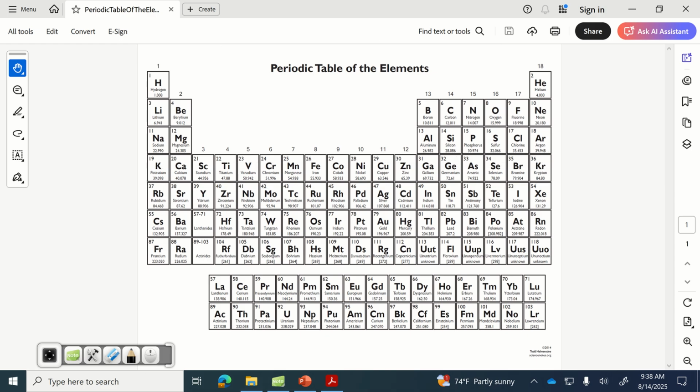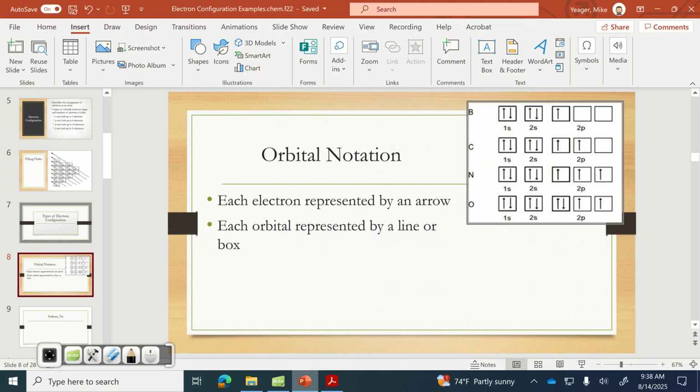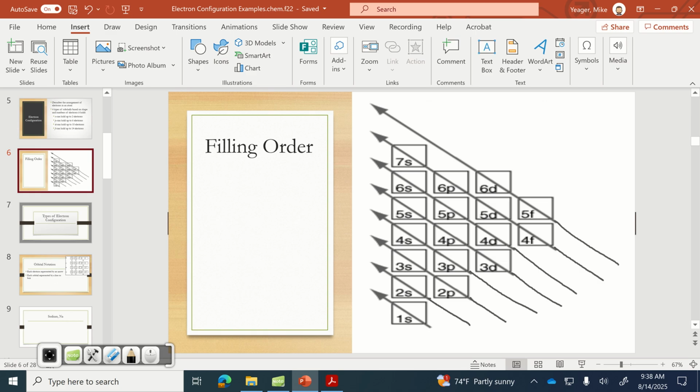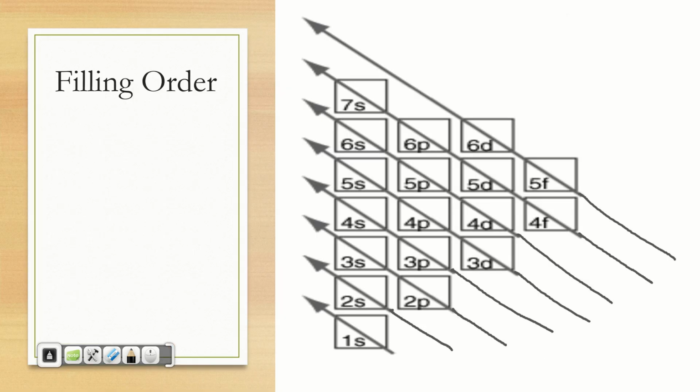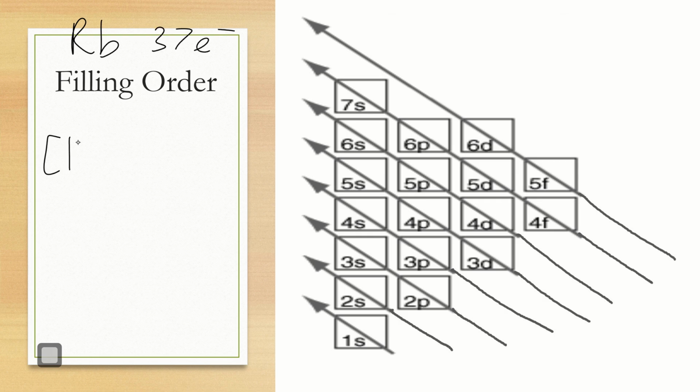So if I go back and use my off-ball diagram to help me, if I'm doing rubidium, 37 electrons, and I've just figured out that krypton is the noble gas on the row above it, krypton gets you here.